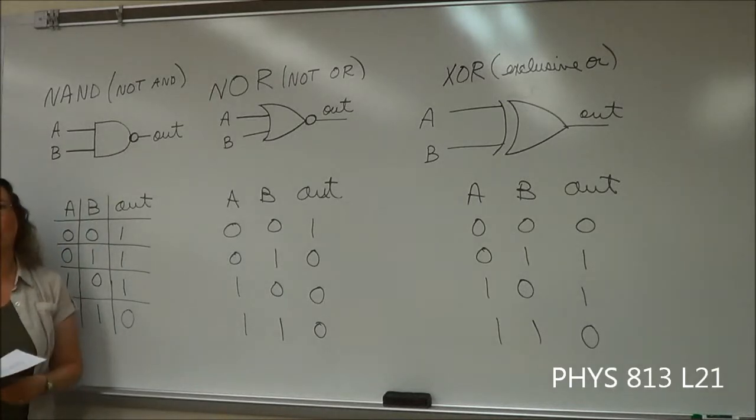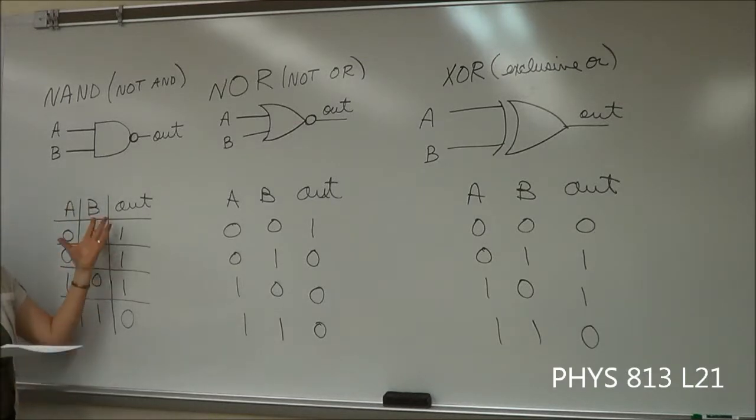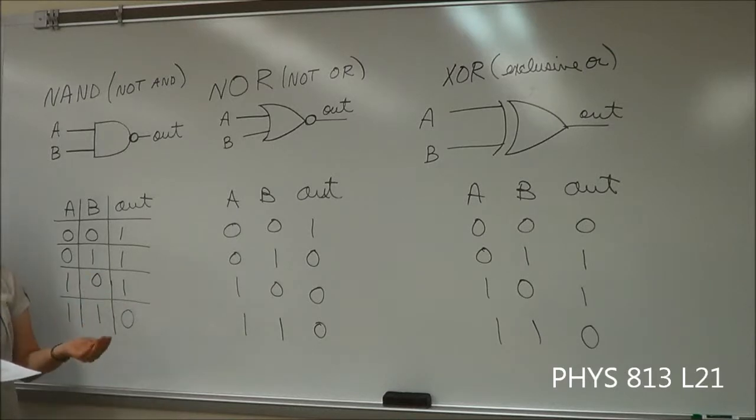Now, you may wonder, why would you want to do that? Well, it turns out that producing a NAND gate with transistors, and that's kind of the whole idea for this, is we want these various logic gates so that we can make them out of the transistors. We aren't going to do that, but that's what's actually done.